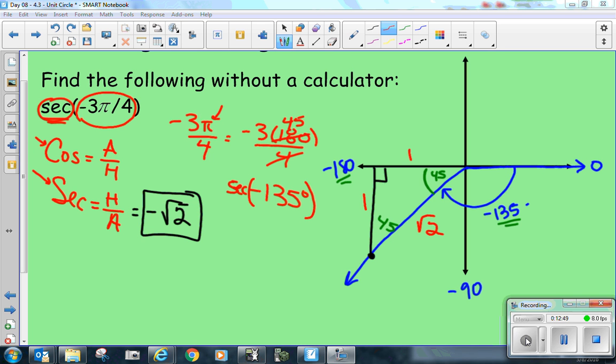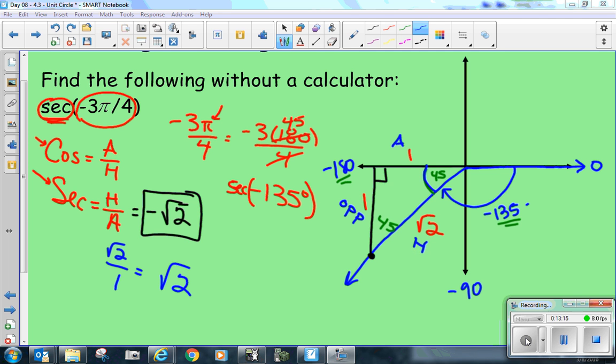All right? So, if we are going based on this angle, opposite of that is our 1. Adjacent of that is our other leg of 1. And our hypotenuse is radical 2. We are hypotenuse over adjacent. Radical 2 over 1.